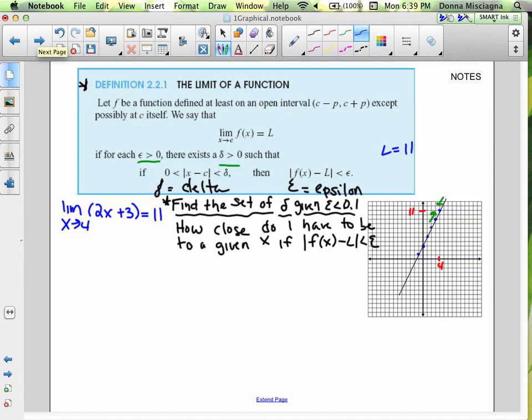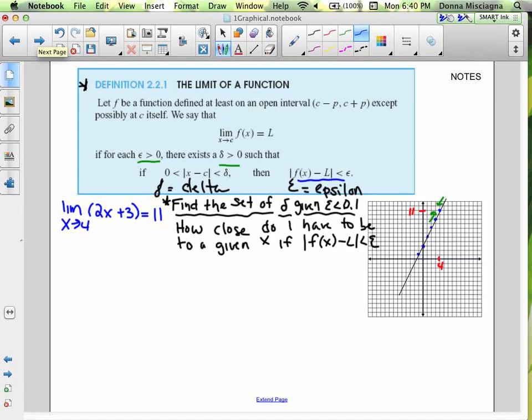Actually, let's write this part out. Let me put it over here. Let me just get started by writing out our limit definition, and then I'm going to fill in the blanks, because that'll make more sense than if I do it the reverse way. So our limit definition is right here. That's what we work with, and then we solve for our delta.